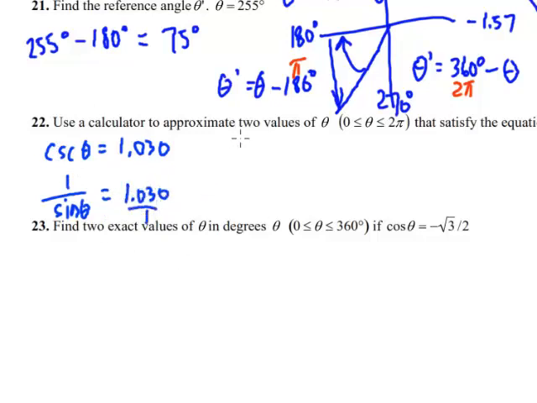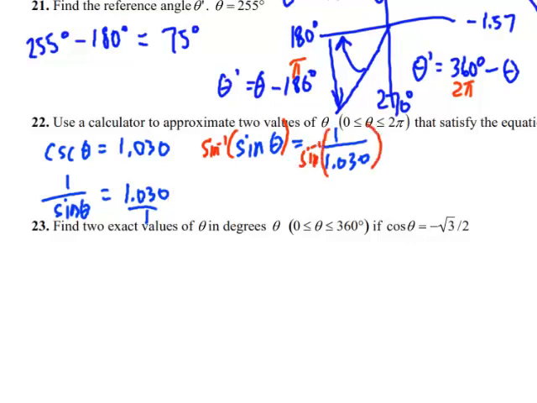I can flip this around to get sine because that's the only way my calculator knows how to do this. So I'm going to have to put it in like this. Then I'm going to take the arc sine of both sides to cancel out the sine.